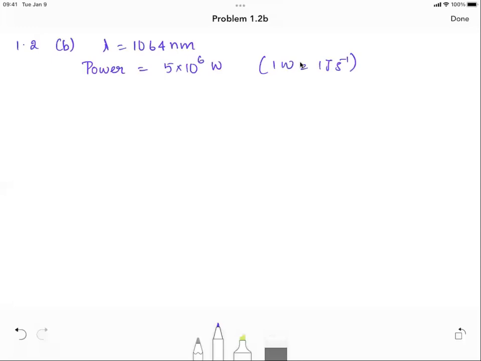And the laser emits this pulse radiation of this power for a duration of 2 into 10 to the negative 8 seconds.